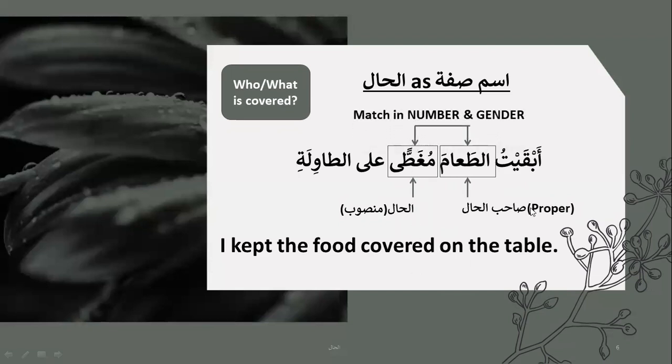Remember, it will match in gender and number. So mughazzan is singular, at-ta'ama is singular. At-ta'ama is masculine and mughazzan is also masculine. I think this is not mughattan, I think it is mughazzan. But let me just confirm. I believe it's mughazzan, but I'll fix it.